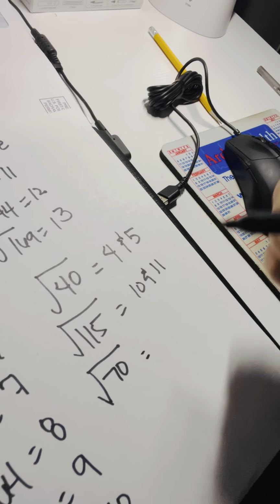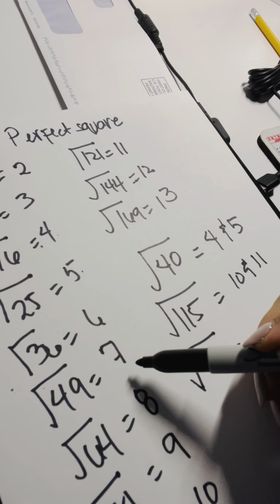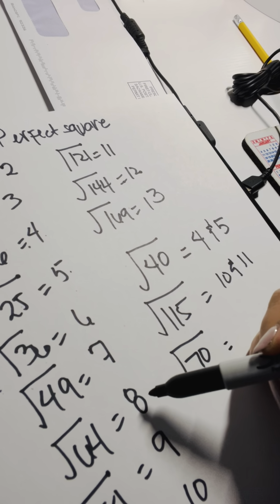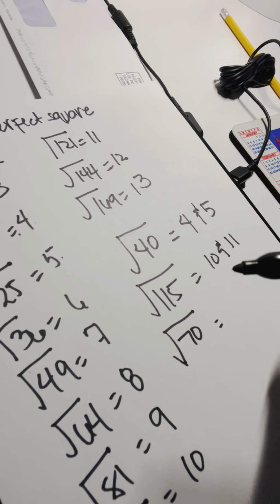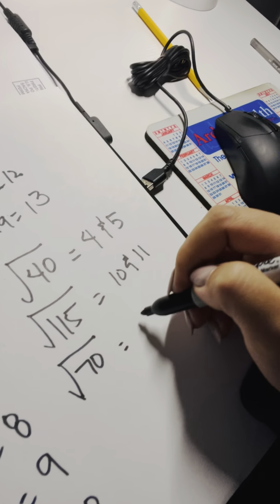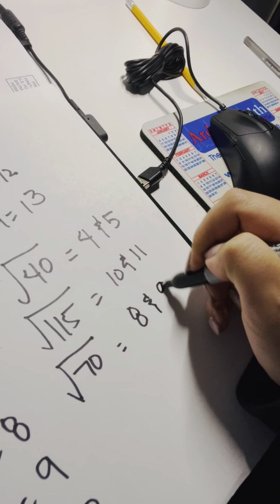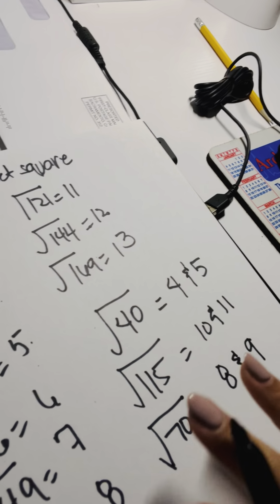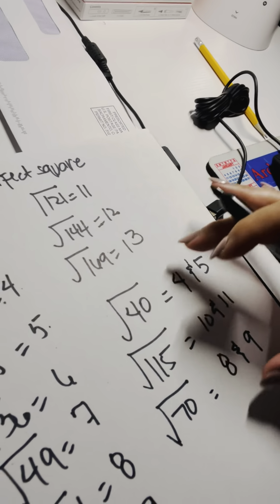So it would be in the middle of 64 and 81, so it would be between 8 and 9. So those are the perfect squares, and these are the imperfect squares. And this is how to answer the square root of imperfect squares.